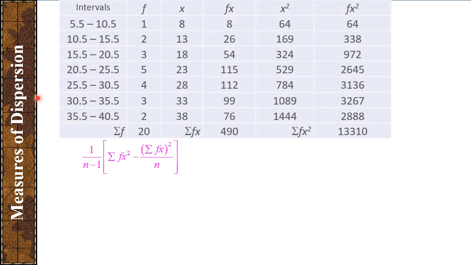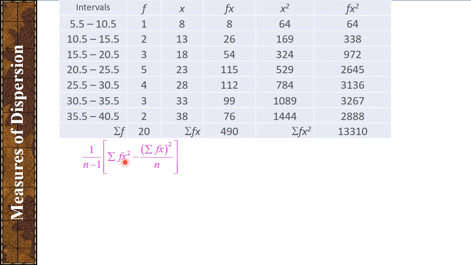As you can see here, this is the table, and this is the formula. In order to construct a table, you have to check the formula here. What are the parameters that you need? Compared to the ungrouped data, for the grouped data we have f multiplied together with x squared and x here.